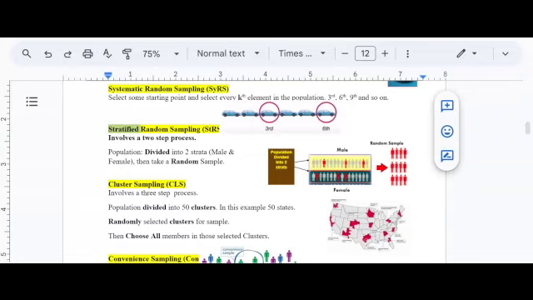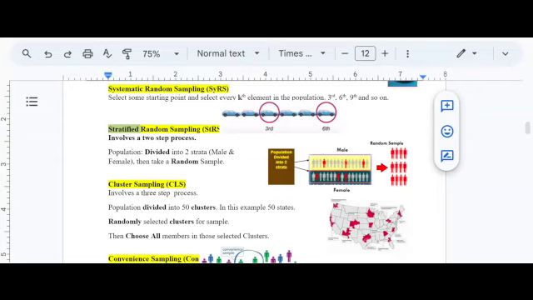Is this clear? Doctor, what's the difference between the stratified and the cluster? Because both of them are dividing. Here, for this cluster, how many states? We said 51, correct? And we divide them into 51 states, and then randomly select a few states, and then everybody in that state has to come and give the voting.